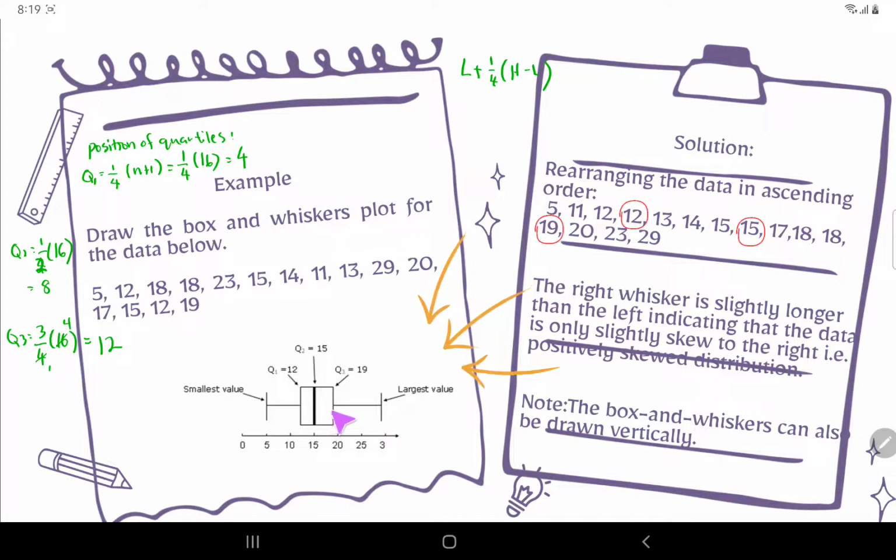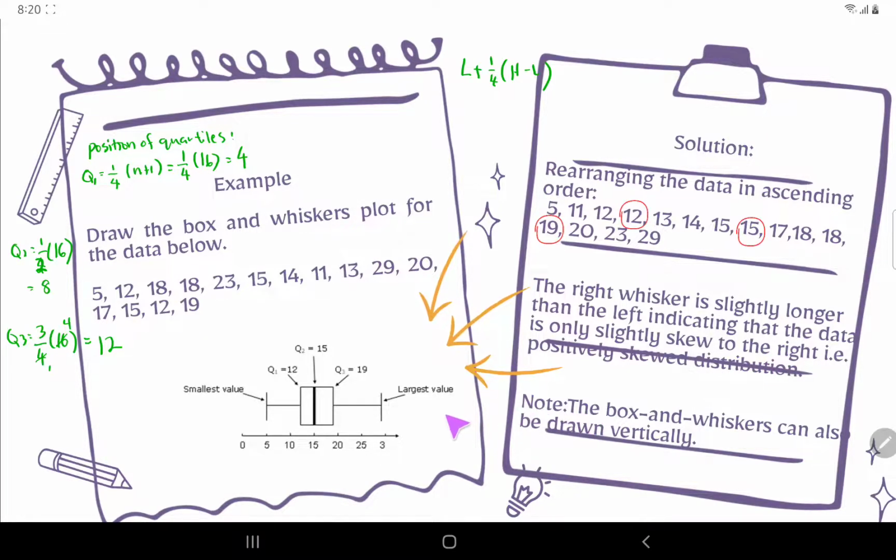Whisker ni kita akan gabung, sambungkanlah antara smallest value dengan largest value dengan box ni. So the right whisker is slightly longer than the left whisker. So kita nampak ini panjang, ini pendek. So it means that it is positively skewed, positively skew ataupun skew to the right.